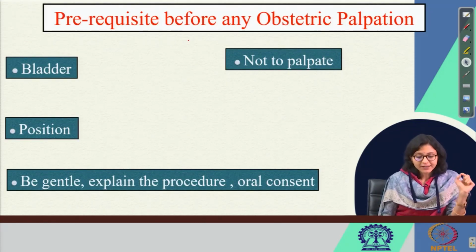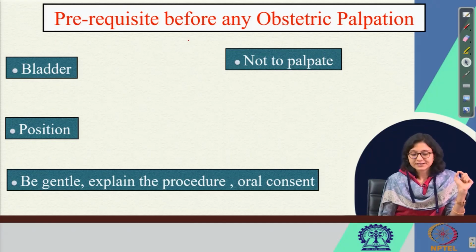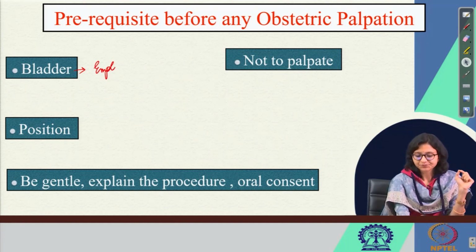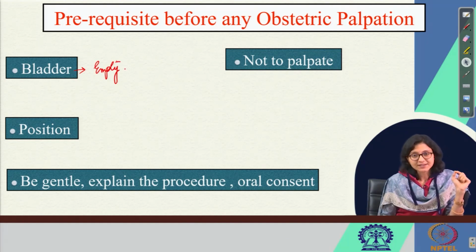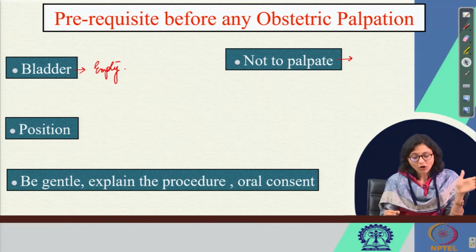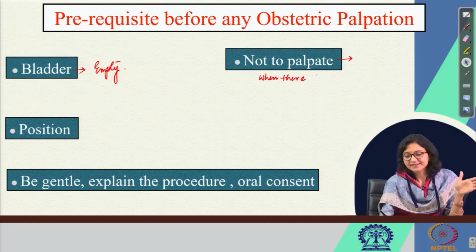Now, prior to this Leopold maneuver discussion, we need to know what is the prerequisite before any obstetrical palpation. Number one is bladder. Bladder should be empty. The patient should be asked to evacuate her bladder before any examination. Next, when to palpate and when not to palpate. When not to palpate is when there is Braxton Hicks contraction, right.